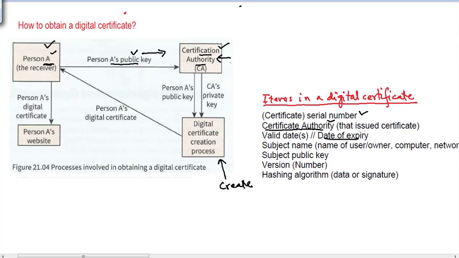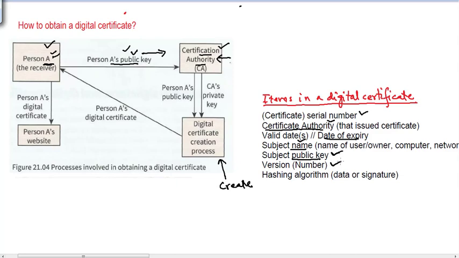This digital certificate, for example, is valid till the year 2025. It also includes the name of the organization, the name of the person who wants to acquire this digital certificate. And it also includes the public key that was provided. A had provided a public key, remember? So that public key is also a part of this digital certificate.